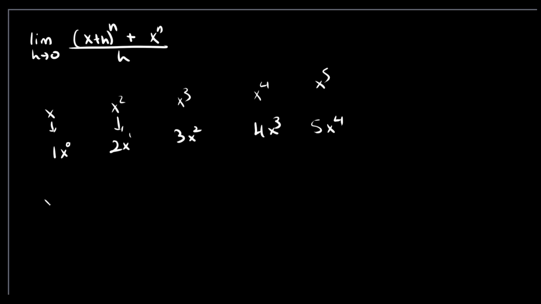Okay? So therefore, if I take x to the power of n and take my limit as h goes to 0, I'm going to get n in front, and x to the power of n minus 1. And what do we call that? We call that the derivative.